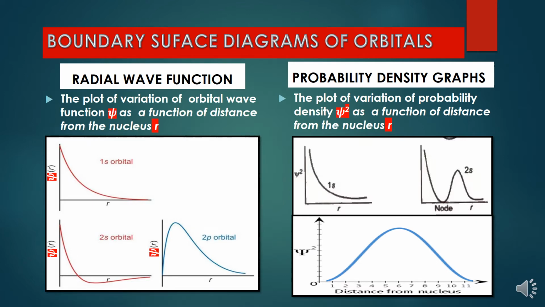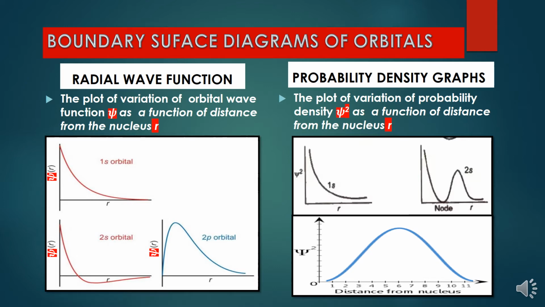And one more option is psi square, which is used to describe the probability of finding an electron when plotted against distance from the nucleus. Then also we get curves. Actually these curves are different for different orbitals, so that is how the shapes were obtained from these curves. For the 1s orbital, psi square is also maximum near the nucleus, then it starts decreasing.